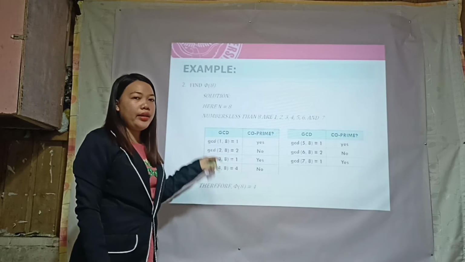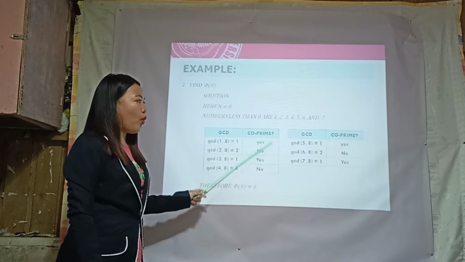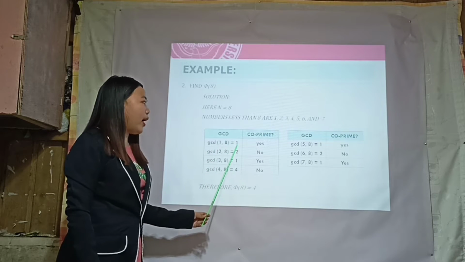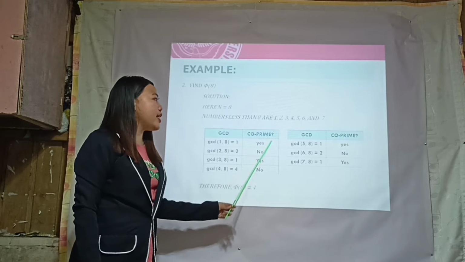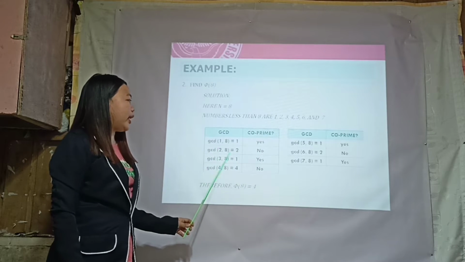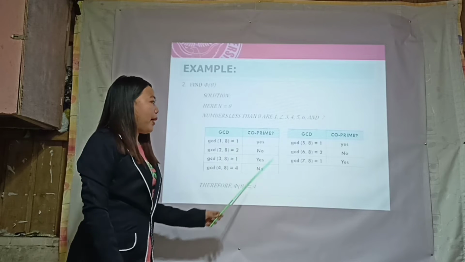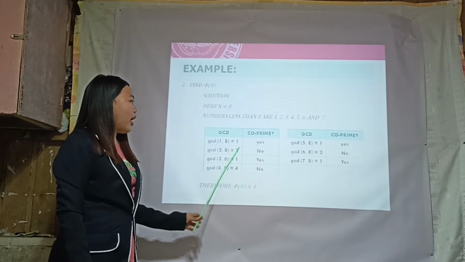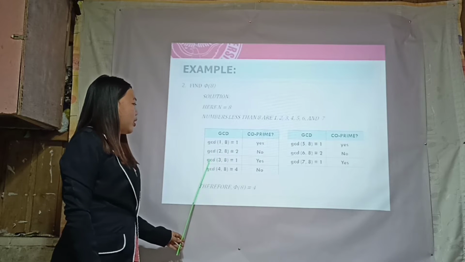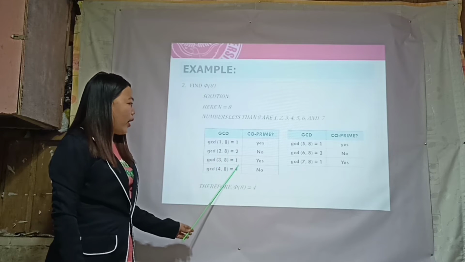So let's find those numbers that are co-prime. The GCD of 1 and 8 is equal to 1. Therefore, it is co-prime. The GCD of 2 and 8 is equal to 2, therefore it is not co-prime because the GCD is not equal to 1. The GCD of 3 and 8 is equal to 1.